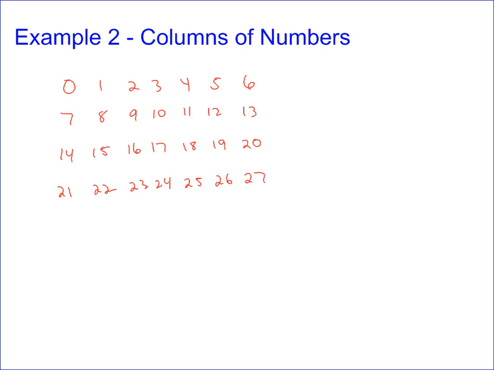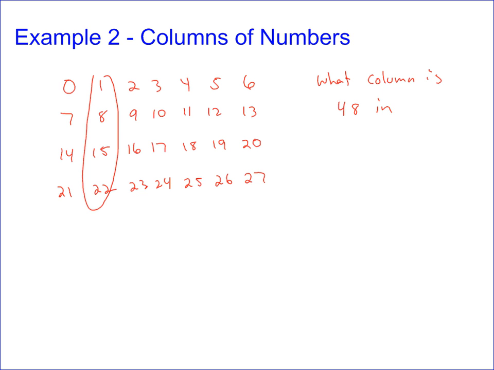If I said, what column is 48 in? Well, what you'd have to look for is, you could keep writing these down, or notice that each one of the columns is separated by 7s.